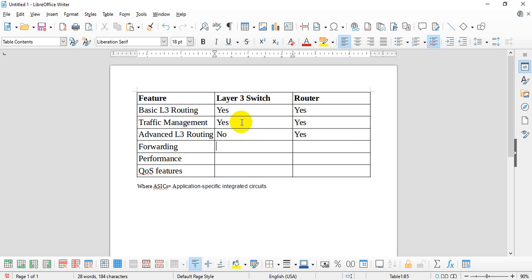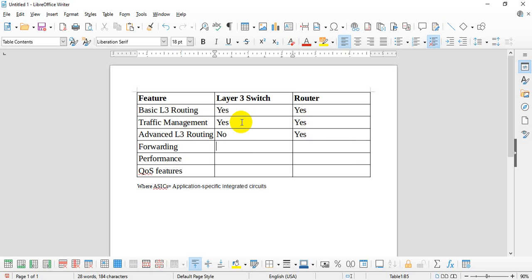And what about the next feature, guys? Do you think L3 switches and the router both have forwarding features, or only the L3 switches, or only the router? What do you think? Think about it.